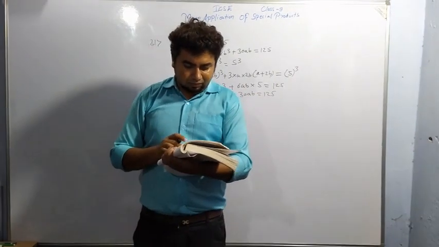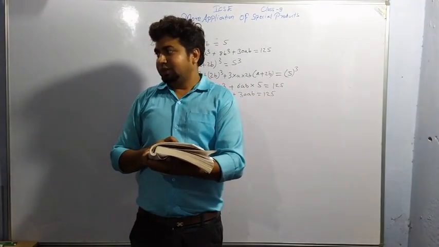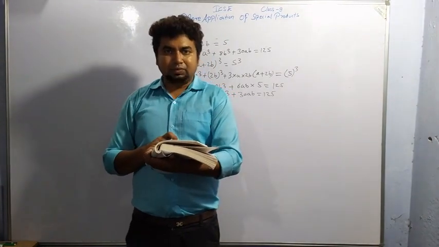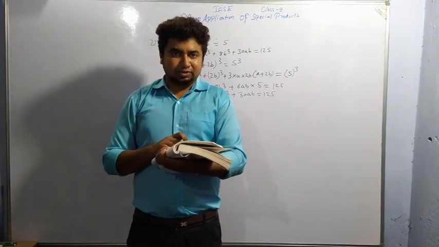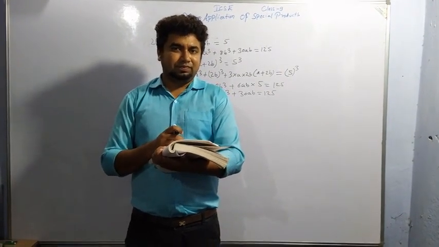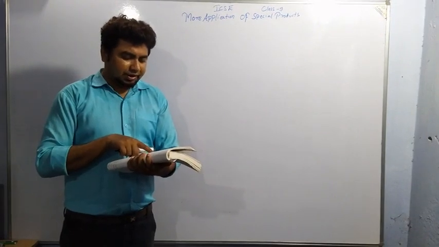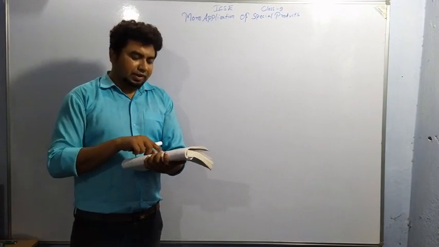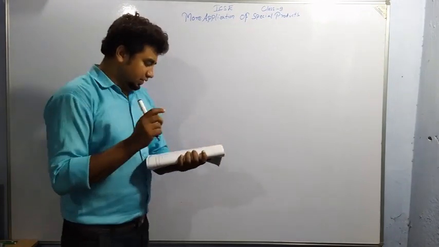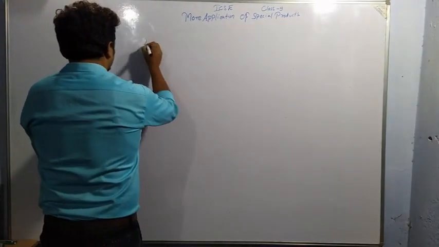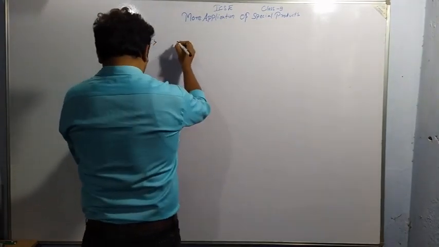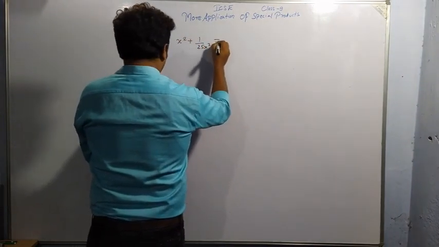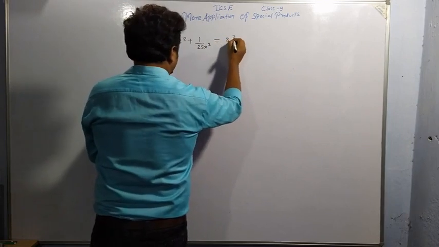Okay, one more question we'll be discussing, that is question number 25. In question number 25, it is given x square plus 1 by 25x square is equal to 8 3 by 5.